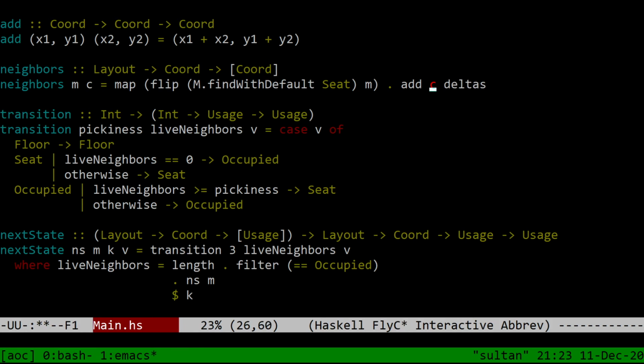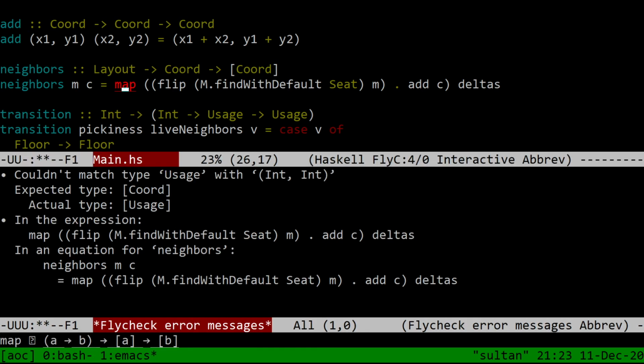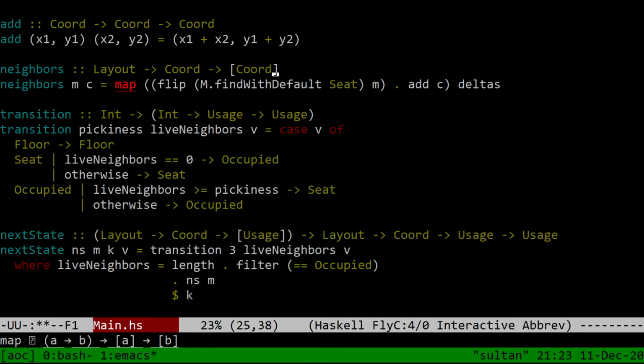What is wrong here? Oh, I got rid of one of these parentheses. All right. And now it's telling me I wrote the type wrong. The function was implemented correctly. I just gave it the wrong type. Okay, cool.